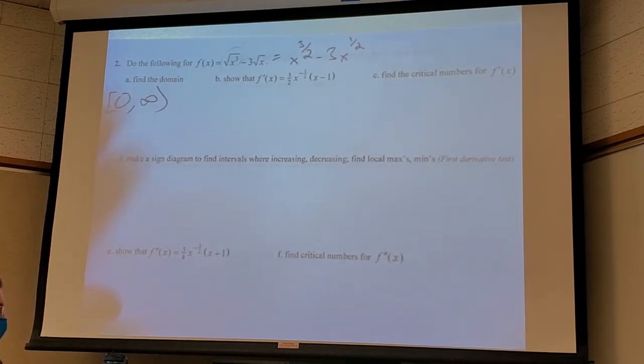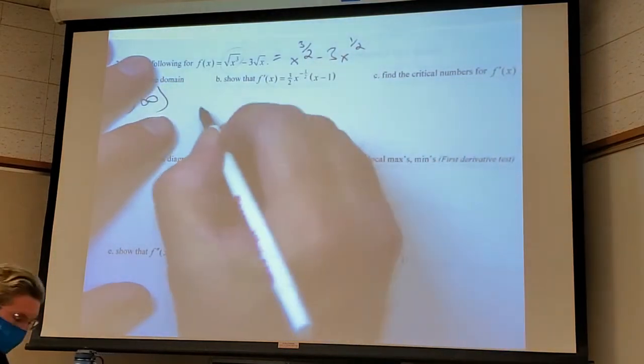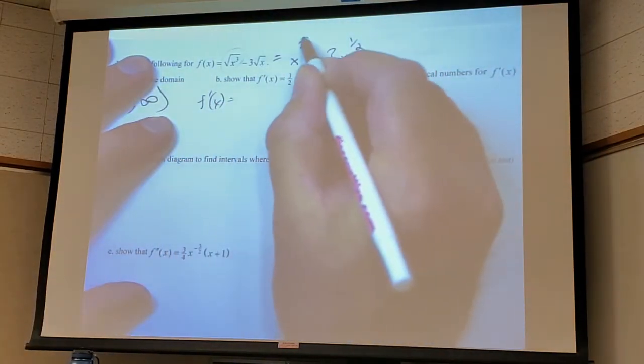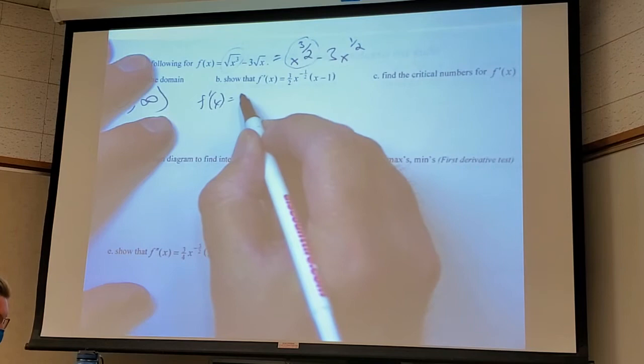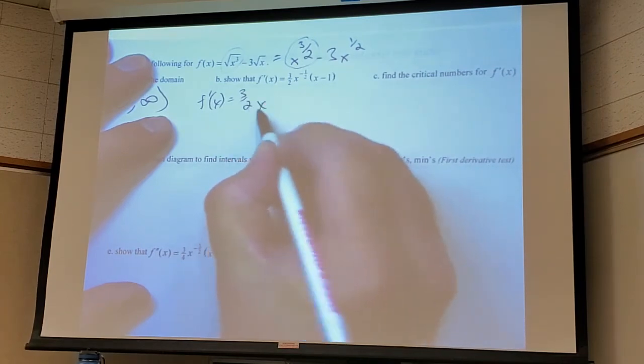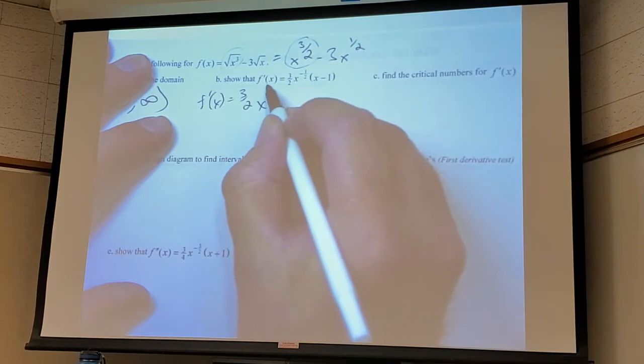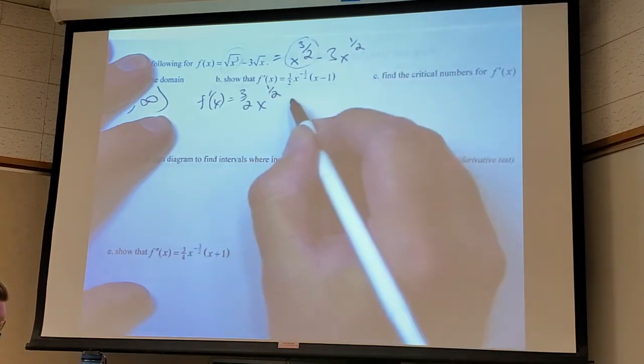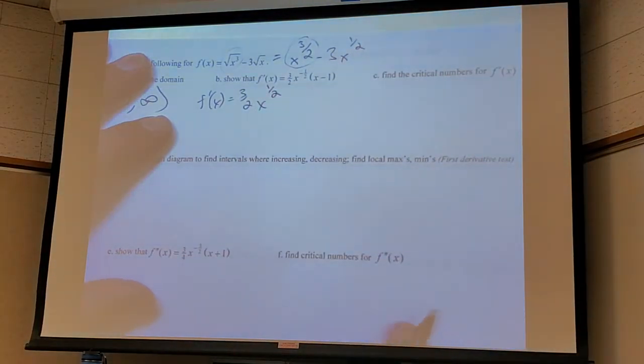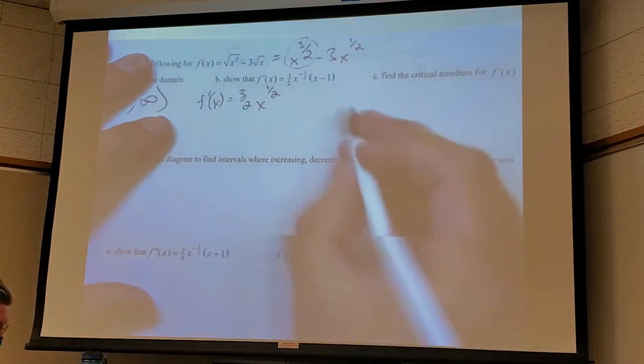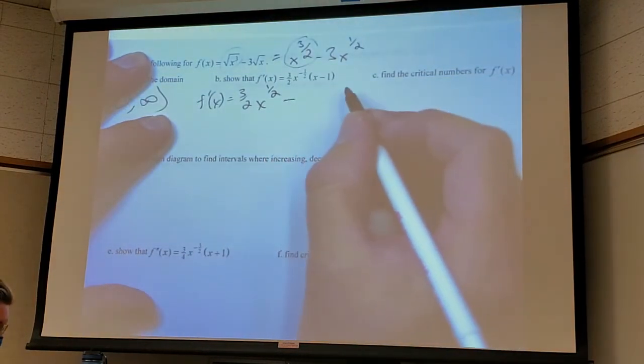So let's do this together. What would f prime be? 3 halves x to the 3 halves minus 1. 3 halves is bigger than 1, so I subtract 1, so positive. Minus.